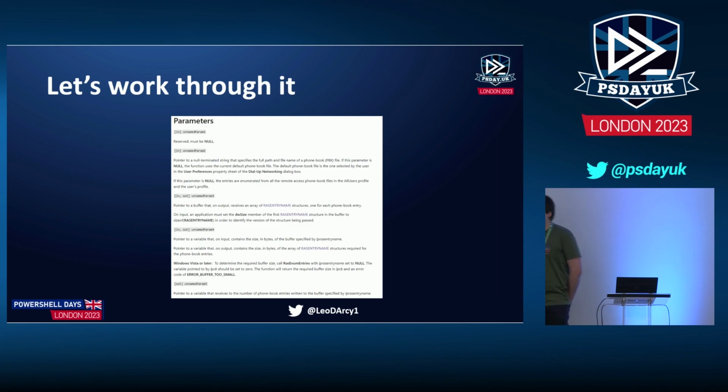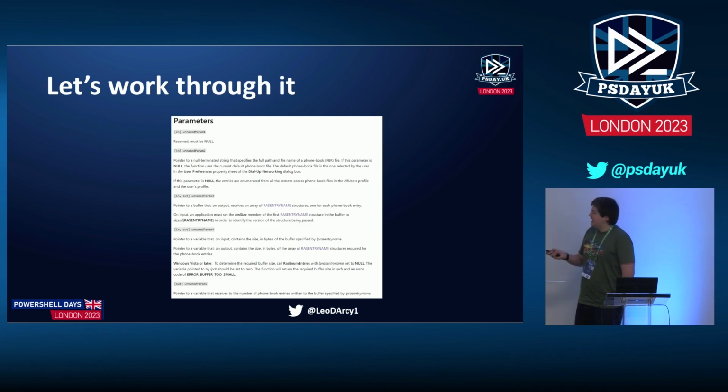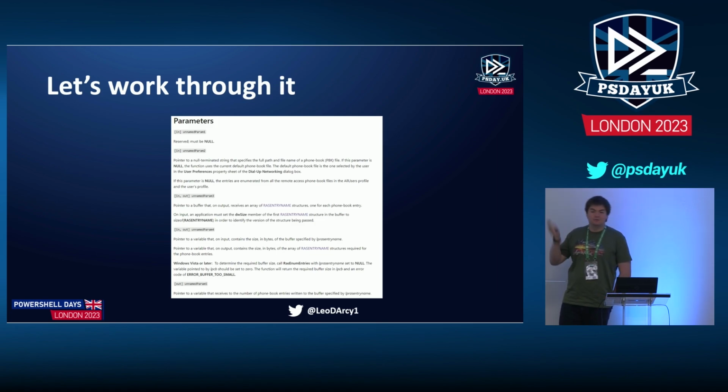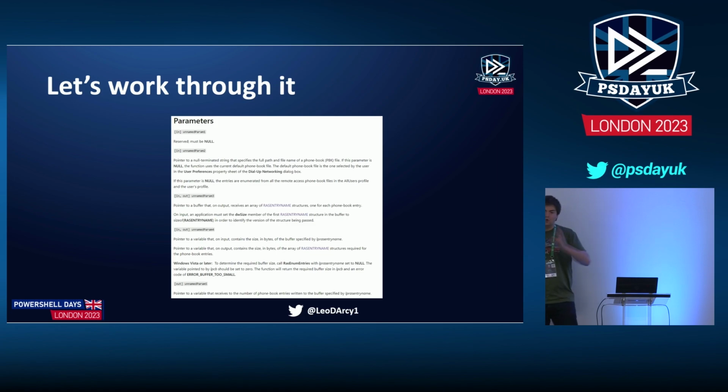So again, string, that's nice and easy. Next, we need an array of RAS entry name objects, and you'll see there's a nice hyperlink there to take us to that, and we'll have a look at that in a second. But effectively, this is the core of the return value, which actually provides that input that I was showing on the screen earlier.